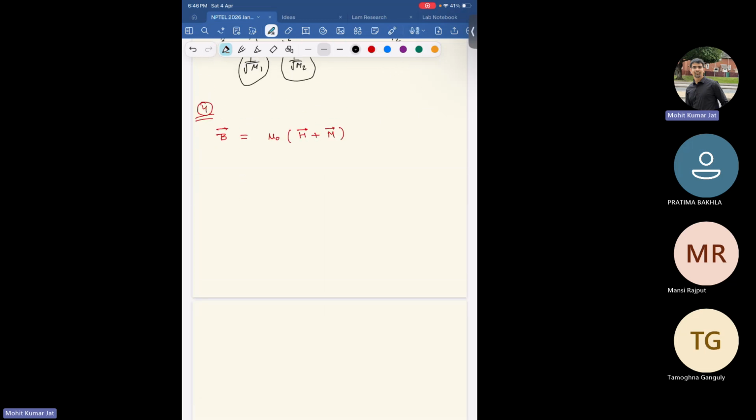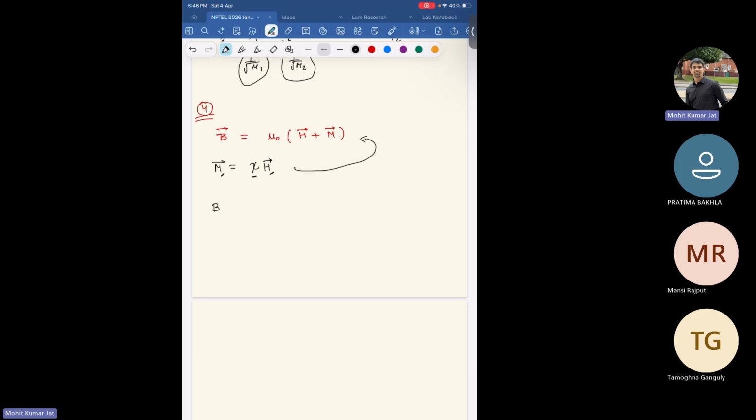B is the magnetic field passing through your superconductor. And we know that M = chi times H. Whatever magnetic field you apply, the magnetization is proportional to that, and chi is the prefactor. Let's just substitute it in this equation.